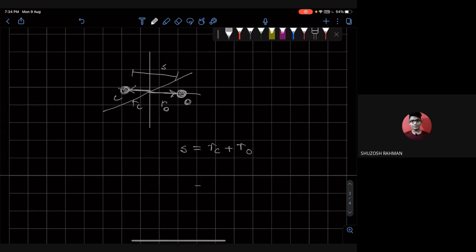Then r_C would be a fraction of the total. Since carbon has smaller mass, yeah, you're right. So that distance should be smaller, right?